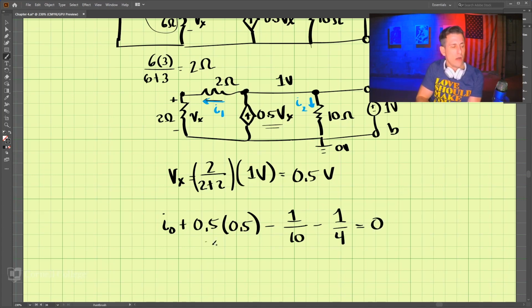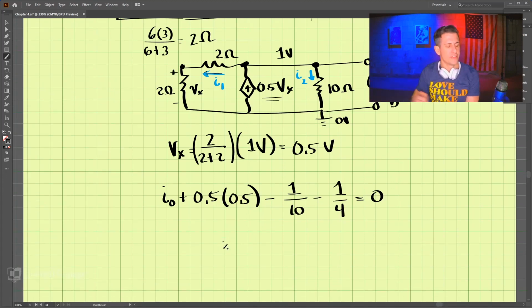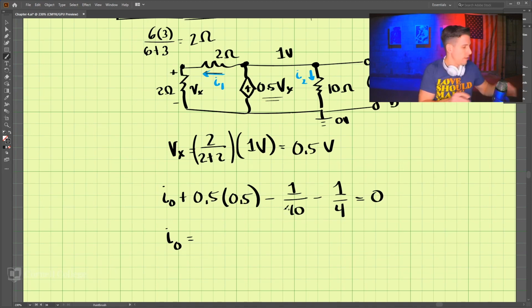So in minus out. And solving this equation, it looks like we have I naught equals, let me grab a calculator, 0.1 minus 0.25 plus... It looks like that comes out to be 0.1 amps.